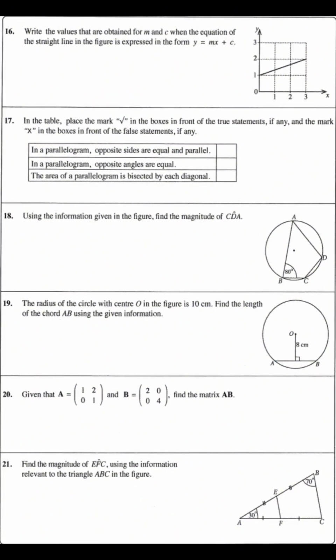18th question: using the information given in the figure, find the magnitude of angle CDA. CDA, this angle. This is a circle and this is a side. Then this will be a cyclic quadrilateral, right? Then these are two opposite interior angles of it. Therefore, these two add up to 180.